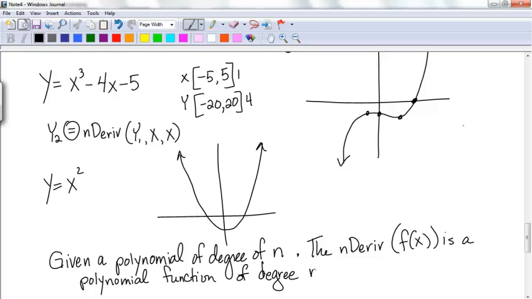Your derivative is always, the degree is always 1 less than the original.